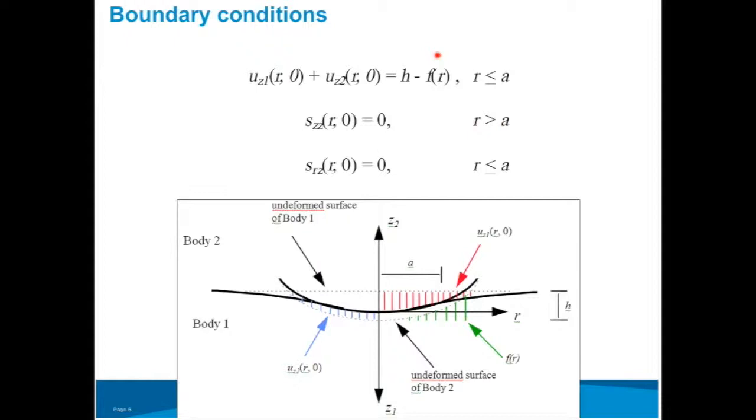Now remember, Sneddon assumed that body 2, the punch, was rigid, so when you read his paper, you won't see this term here, but we are going to include it. The next two boundary conditions are easy enough to understand. There is no normal stress outside the radius of contact and no shear stress within the radius of contact. In other words, the contact is frictionless.